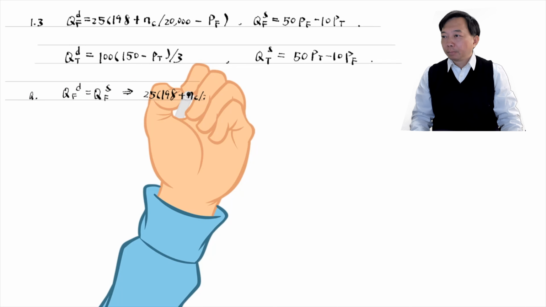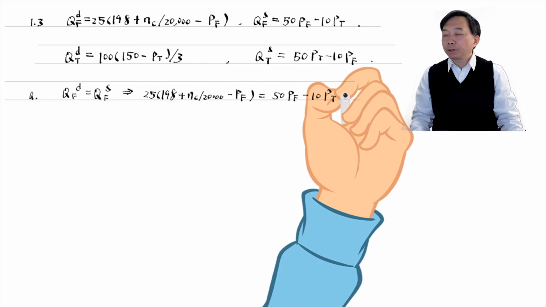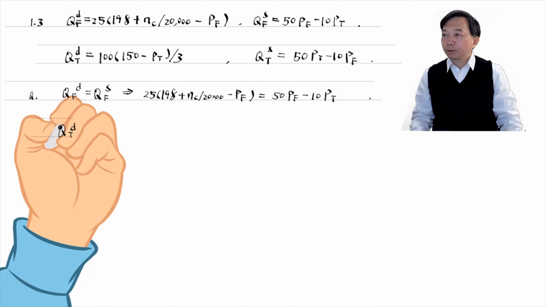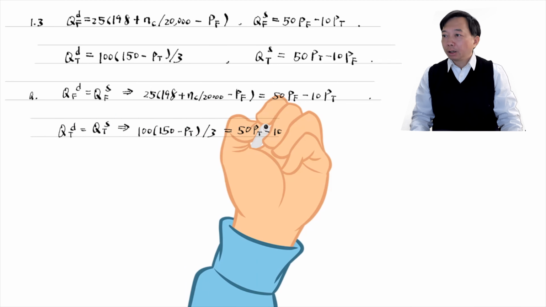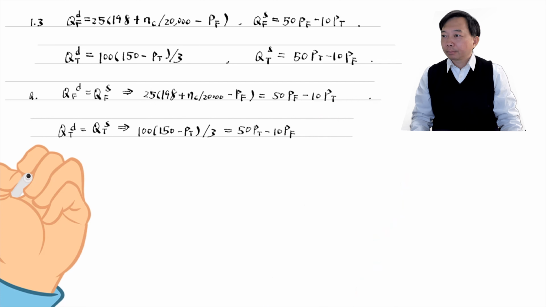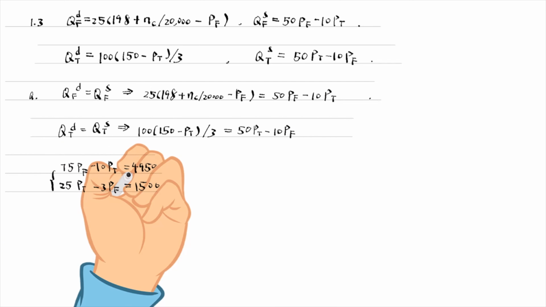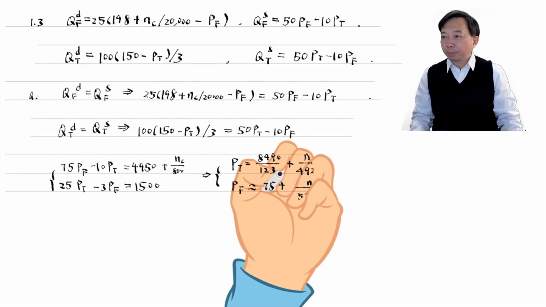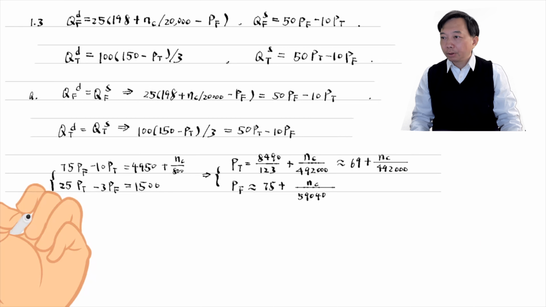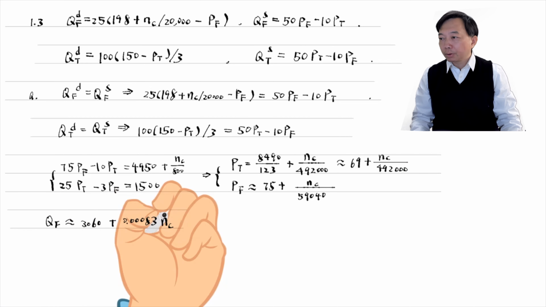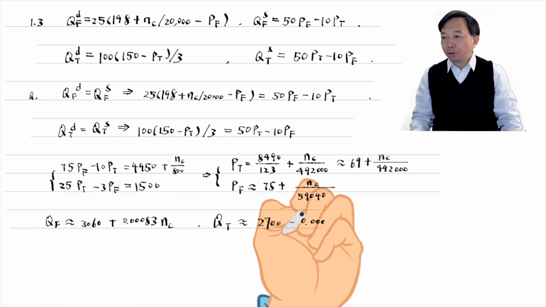In equilibrium, quantity demanded equals quantity supplied in each market. Then we have two equations for the two unknown prices. We can solve for the prices. Plugging the price into demand or supply functions gives the equilibrium quantities of medical and dental checkups.